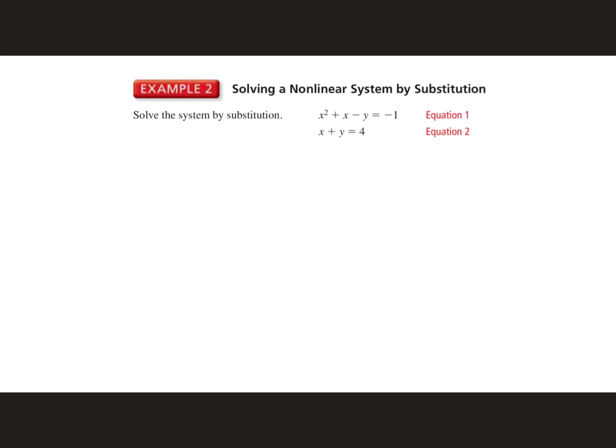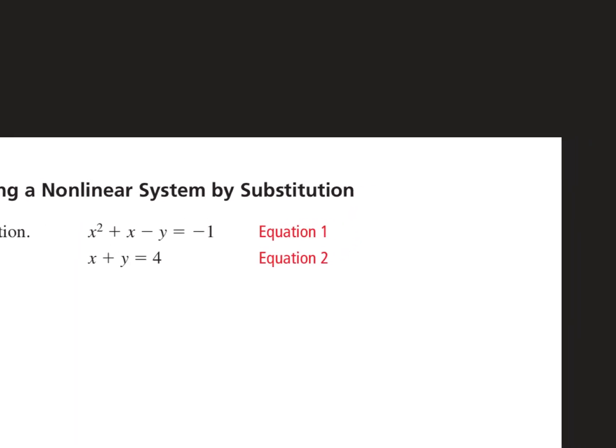The first thing we're going to do is solve a nonlinear system by substitution. Just like when we did substitution in the past, we always want one of them to be either x equals or y equals. For substitution, this always has to be the first step.